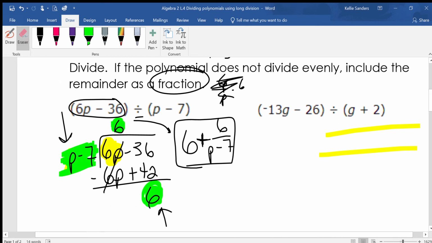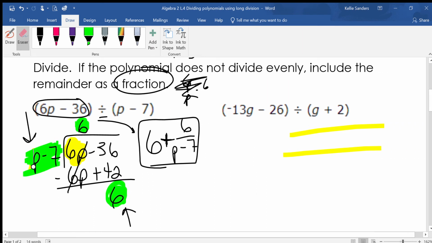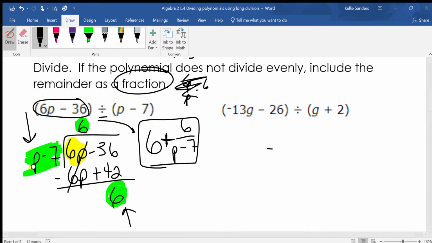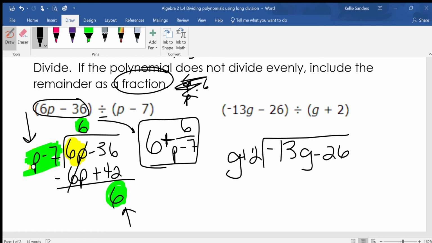Let me get rid of these yellow lines so we can do the next problem. Alright, I'm going to put negative 13g minus 26 inside and g plus 2 on the outside. I'm going to figure out what goes on top. I look at the first thing on the outside and the first thing on the inside. What can I multiply g by to get negative 13g?